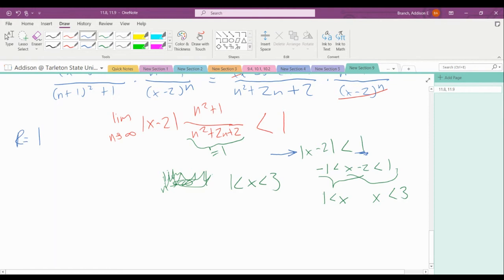But now we also have to look at our interval. Whenever we find our interval, we don't know for sure whether we will converge or diverge at our endpoints. So at this point we have to go back and plug our endpoints into the original series, solve that, and see if it's convergent or divergent.